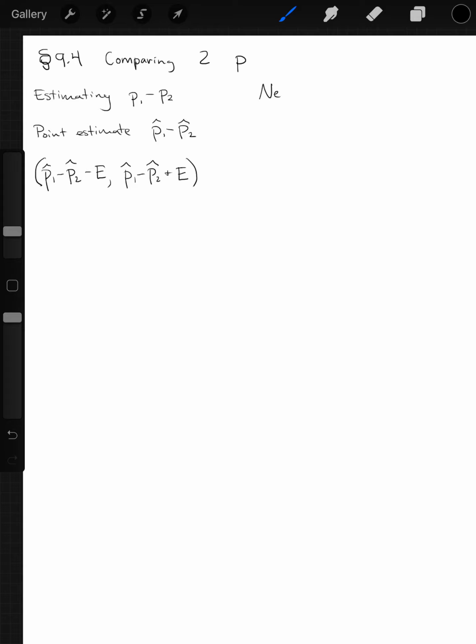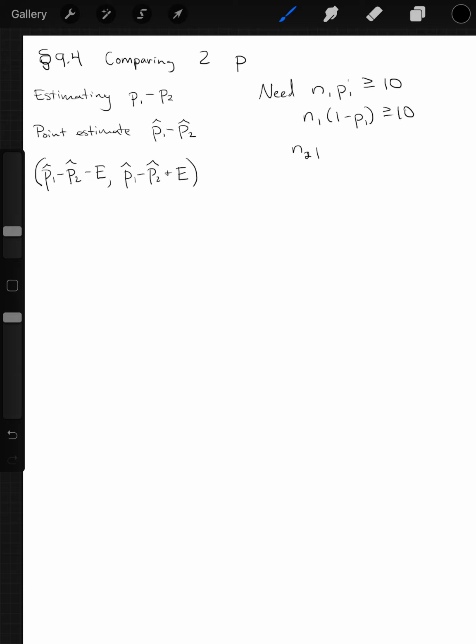Remember, we have some requirements when we're talking about a confidence interval for proportion, right? And in this case, we need all of the different versions to work. We need N1 times P1 hat and N1 times 1 minus P1 hat to both be greater than 10.